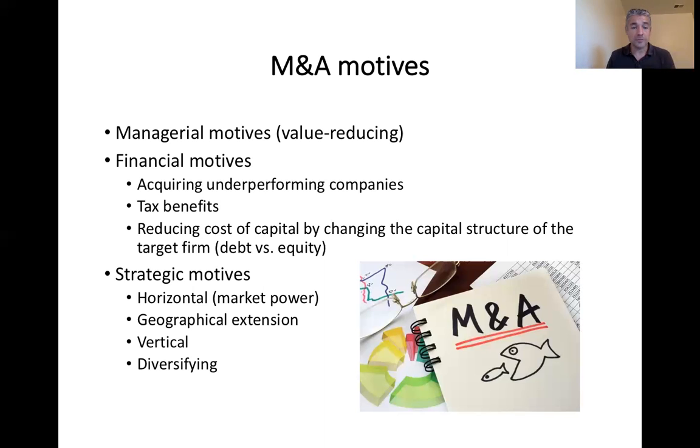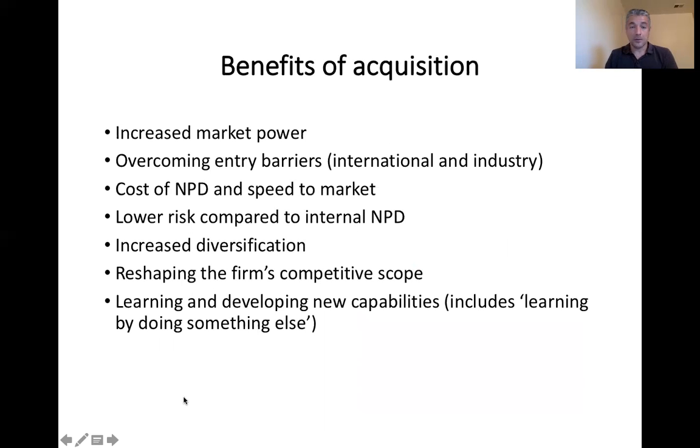And sometimes you buy a company to just diversify, to go into other industries, other businesses where hopefully there is some operational relatedness or strategic relatedness that would enable you to get the benefits associated with correctly implemented diversification.